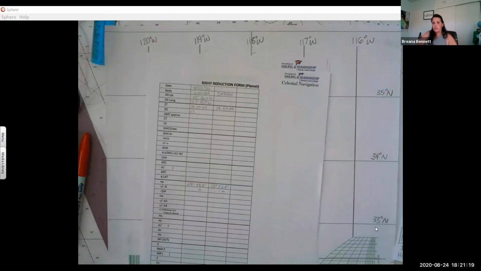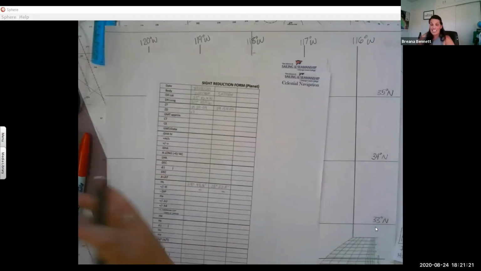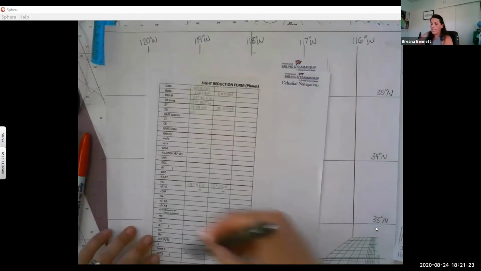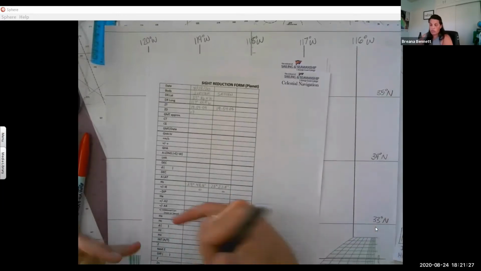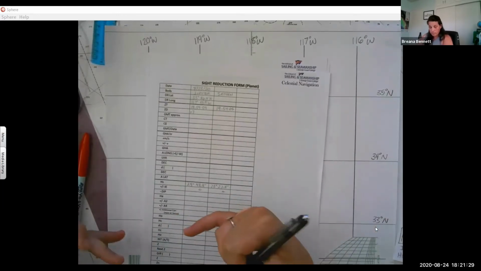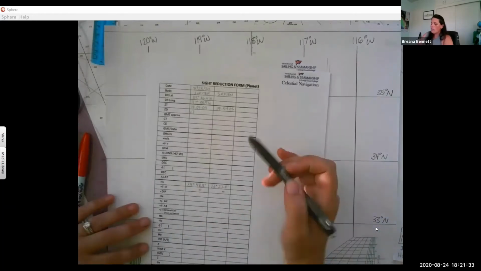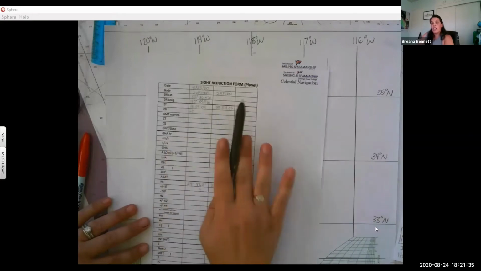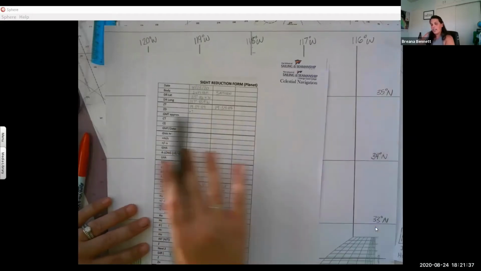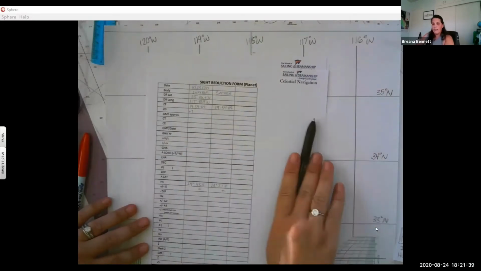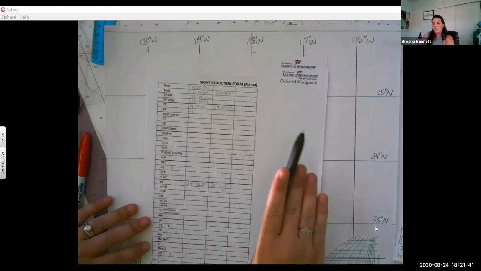What I also like to do is come up with one and put it on the Google Classroom, a combined sight reduction form that you could use for stars, planets, moons, pretty much everything that you're going to see in the evening. That way you can put it in chronological order, because it helps with little shortcuts.